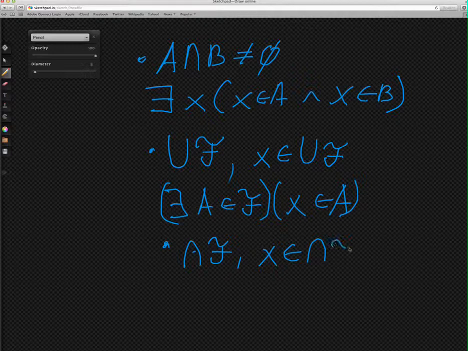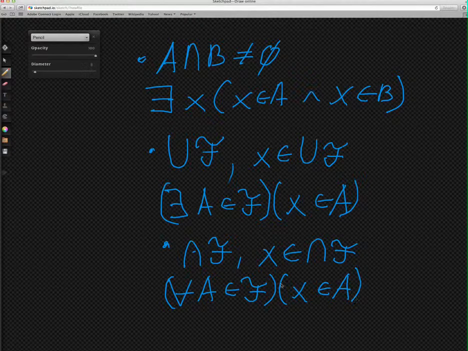So if X is an element of the intersect of the family of sets, that means that for all sets inside the family of sets, X is an element of those sets. Yay!